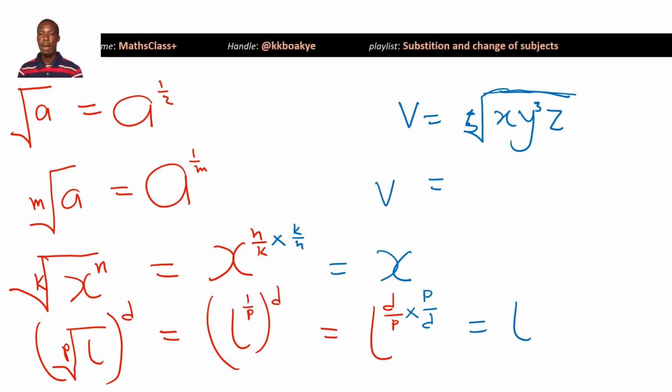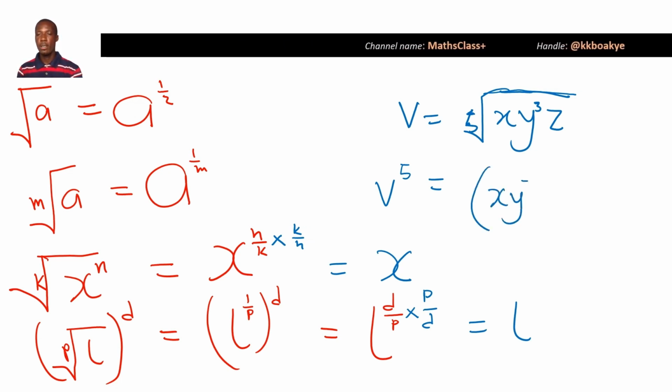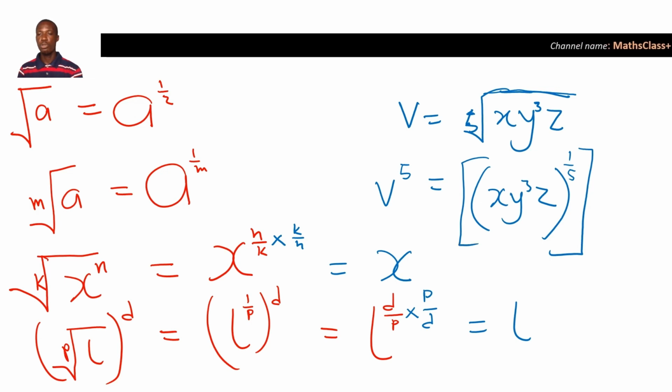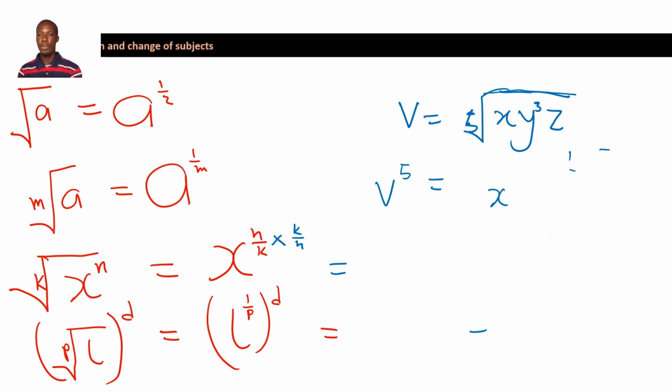So v to the power 5 equals x, y cubed z to the power 1 over 5, and then everything here is also to the power 5. That is the inverse of 1 over 5. We do it for the left hand side, we do also for the right hand side. So don't worry, we will do more examples, and then you will get it better.